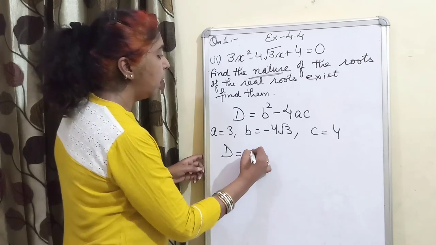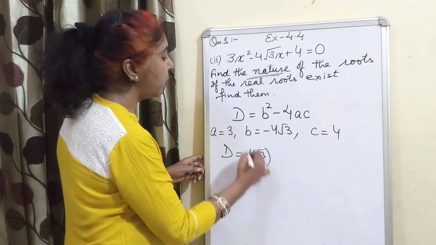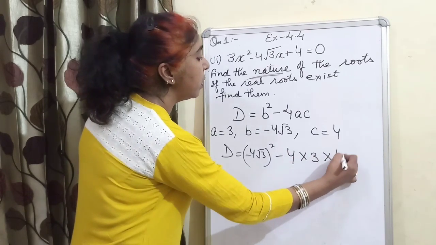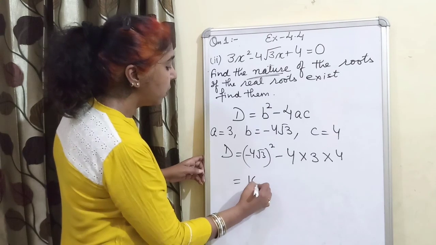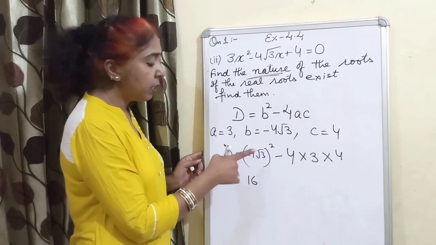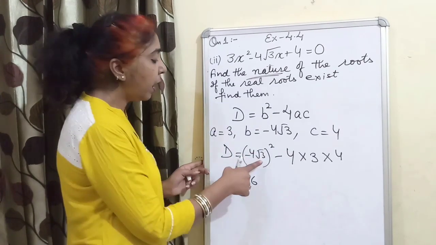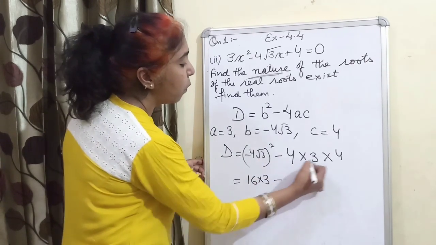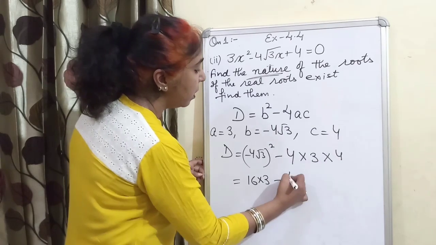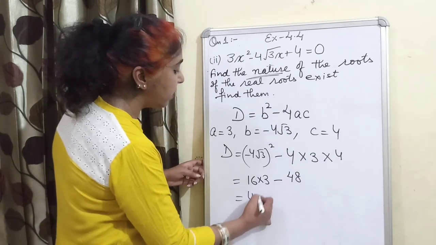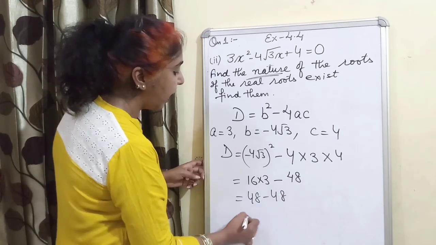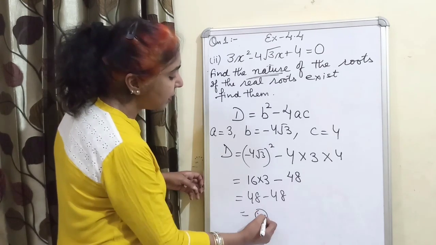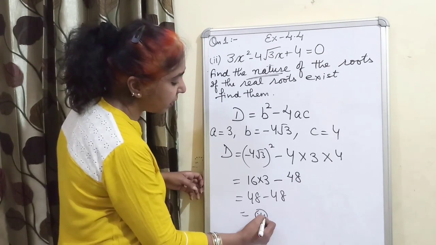So d will be minus 4 root 3 whole square minus 4 into 3 into 4. The square of 4 is 16, the square of minus is positive, and root 3 square is 3. Minus 4 3s are 12, 12 4s are 48, so it is 48 minus 48, and you'll get 0 after this. And what will this 0 tell us?